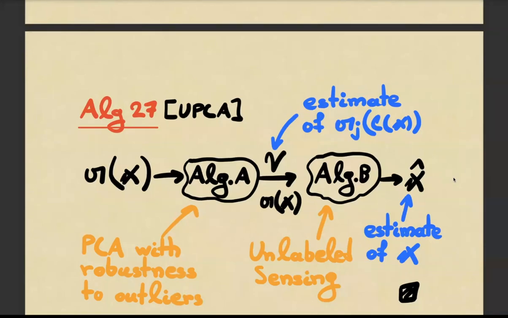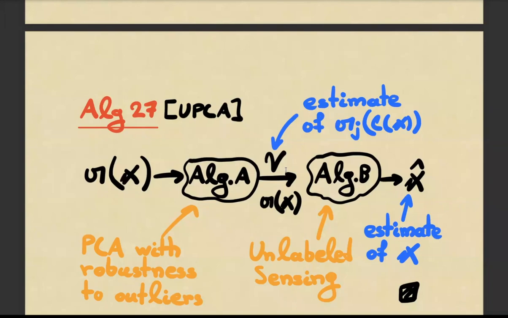The algorithm works like this. It takes the permuted version of X, and using algorithm A, if you remember, this is PCA with robustness to outliers, it produces a linear subspace of dimension R that is as close as possible to a big chunk of X.